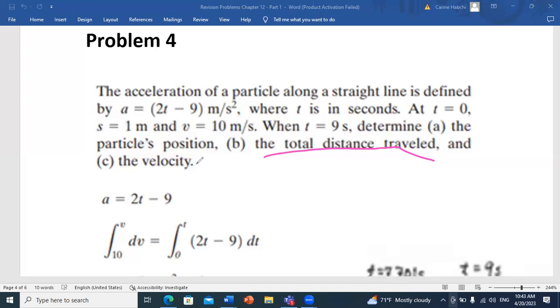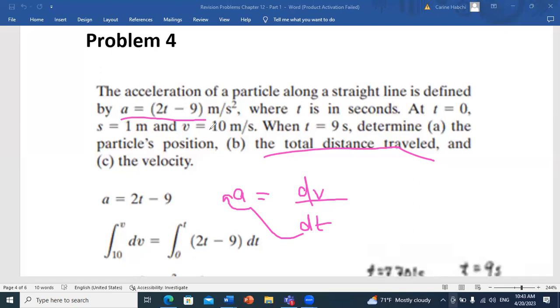So as a first step we want to get V and S as functions of time. Okay, since A is given as a function of time, we start from A equals dV by dt. And since A is given as a function of time, what do we do? We take dt to the other side, do separation of variables, and we integrate.